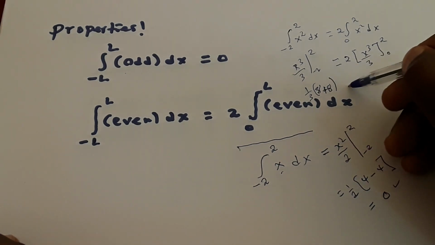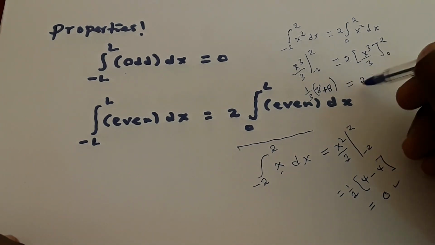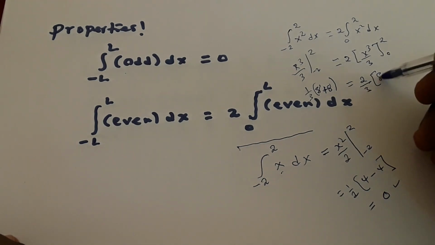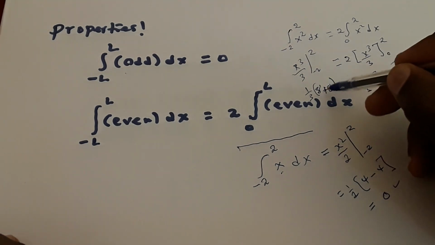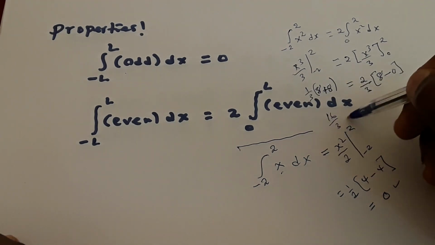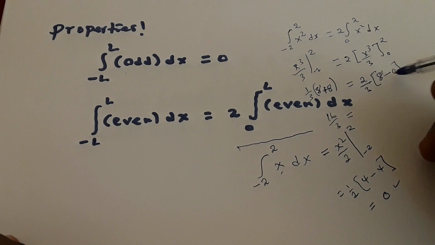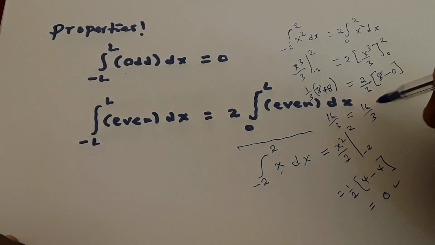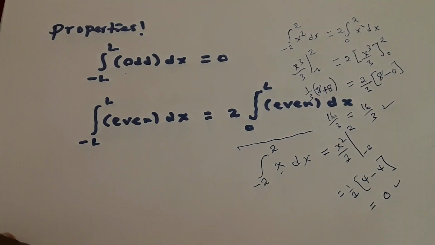Again we have 2 over 3, then x at 2 is 2, cubed is 8, minus x at 0 is 0, 0 cubed is 0. So 8 plus 8 is 16 over 3 on the left side. Again, 8 minus 0 is 8, times 2 over 3 is 16 over 3 on the right side. They are equal, but the right side expression is simple.